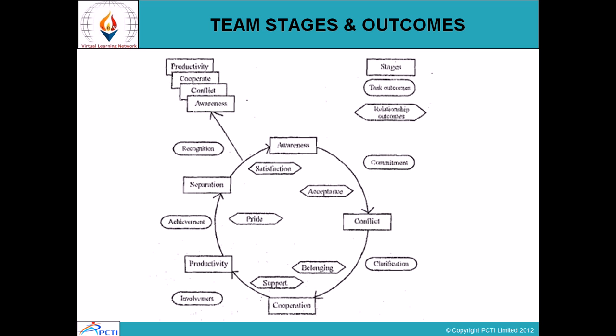Awareness gives rise to conflict, conflict gives rise to cooperation, cooperation gives rise to productivity, productivity helps to increase the satisfaction, and productivity also gives rise to achievement. So ultimately, there are different stages which help us to get the outcomes.